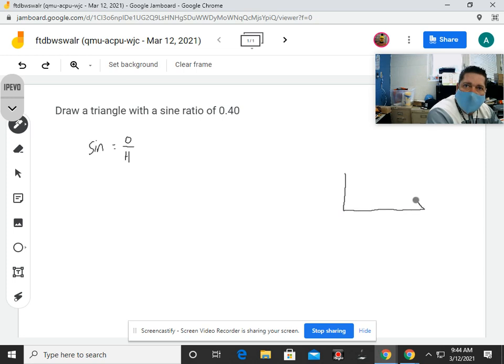That's a little better. So if I'm going to compare the opposite of this angle to the hypotenuse, all we're doing is seeing how long this side is compared to this side. And if I divide those out, it'll give me a fraction. Well, it'll be a fraction, and then when I divide them out, it'll give me a decimal.